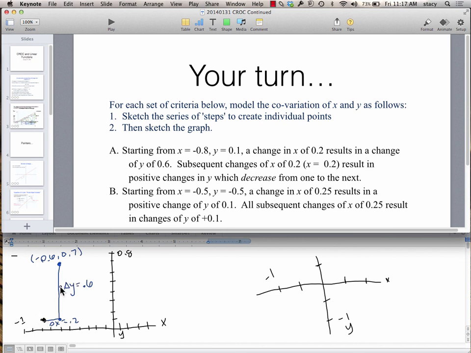So that's cool. But then what? What do they say happens after that? Subsequent changes of x result in positive changes in y, which decrease from one to the next. So the next change in x of 0.2 is going to result in a change in y that's positive, but smaller than 0.6. It doesn't say by how much, so I don't know. I didn't leave myself very much room, so how about it only increases by 0.1?